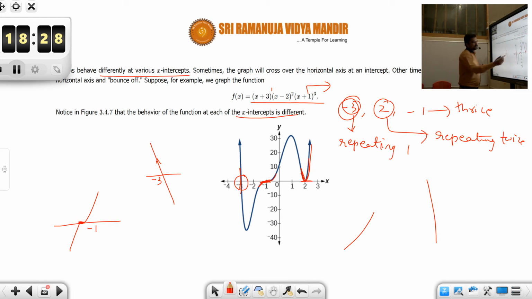And then at x equal to 2, the graph is hitting the x-axis, and then again bouncing back. It is not crossing the x-axis. So these are three different types. And why they are happening, how to recognize their effects.